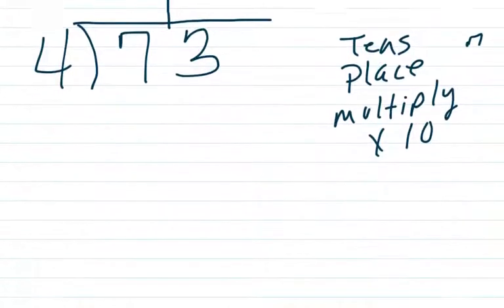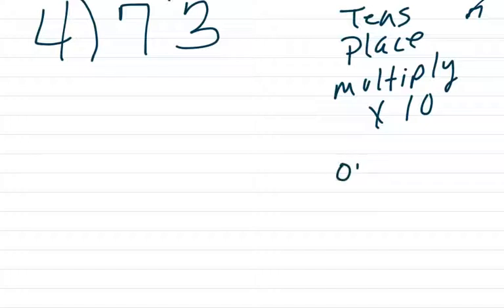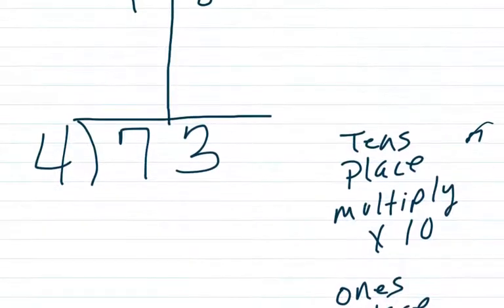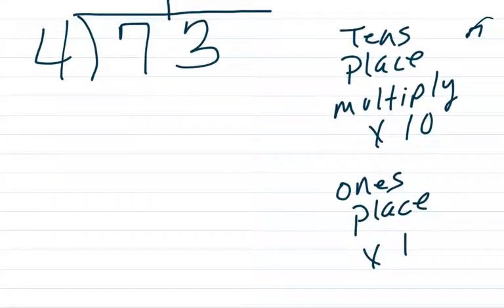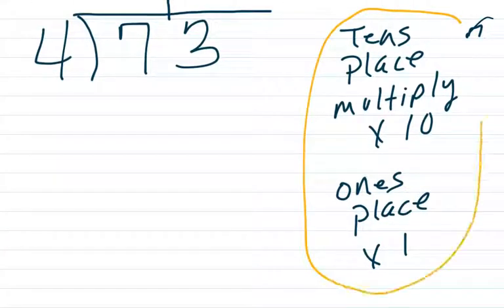And then my ones place is going to be times 1. And if we look at a bigger number, like a 3-digit number, then we know that that's going to be times 100 or times 1,000.